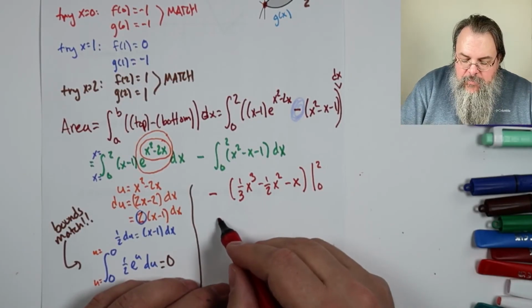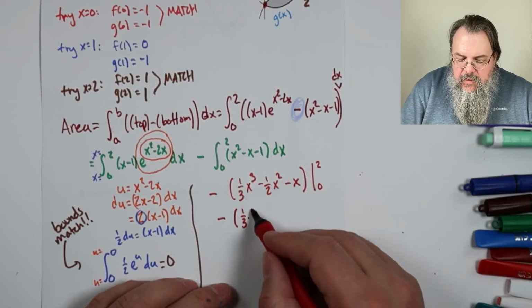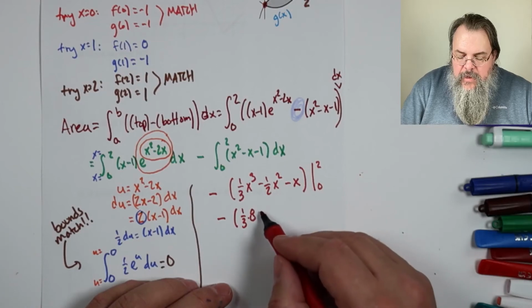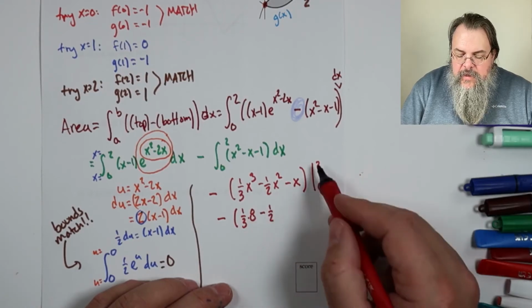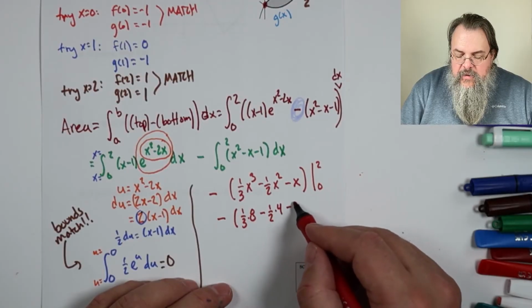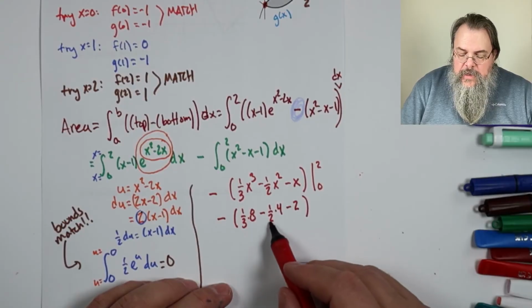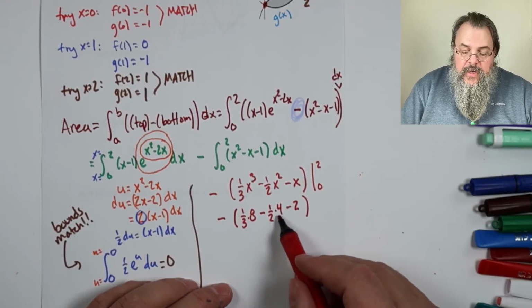So we're going to have minus 1/3 times 2 cubed. That's 8. Then minus 1/2 times 2 squared, 4. And minus 2. Okay, so 1/2 times 4 is another way of saying 2.